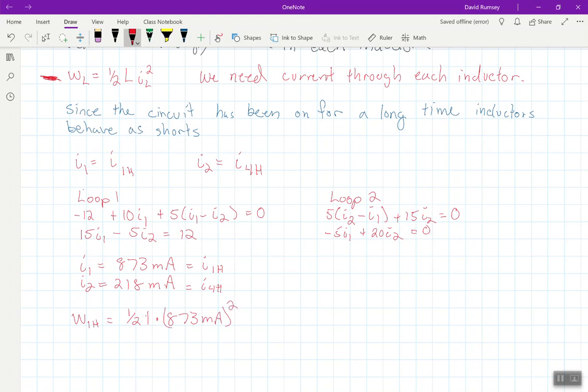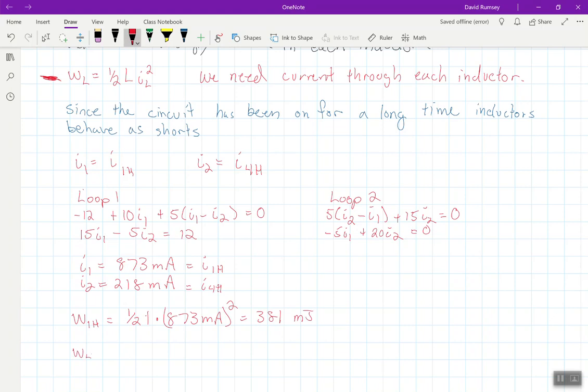And make sure that you're doing milliamps squared and not like 873 squared. When I do this, I wind up with an answer of 381 millijoules.